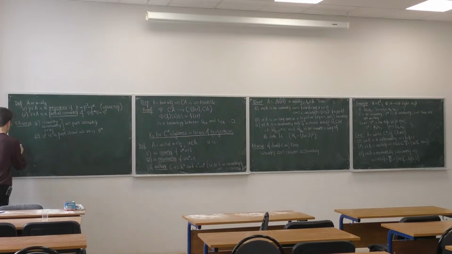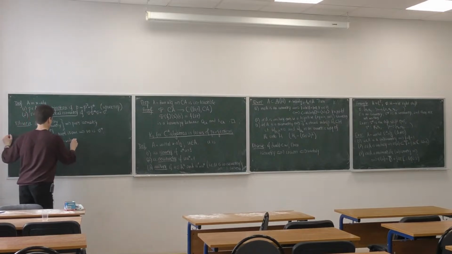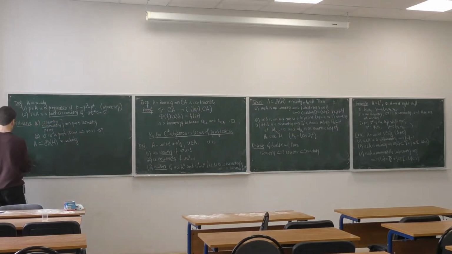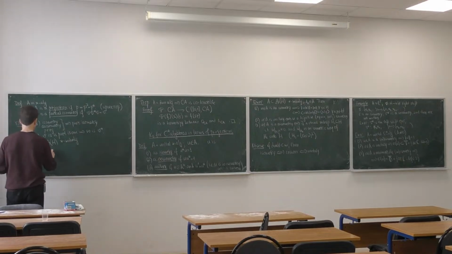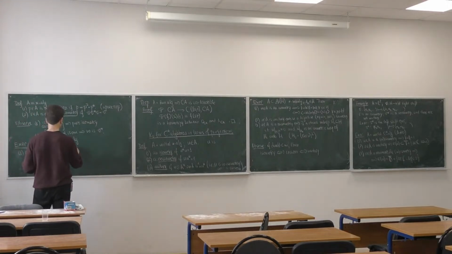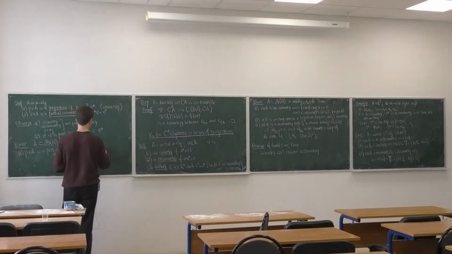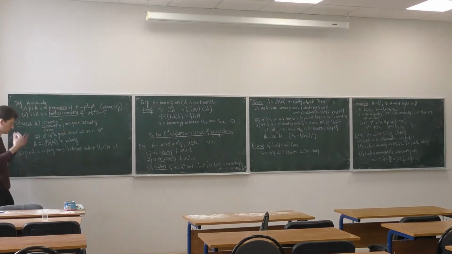The following exercise explains where the terminology comes from. Again, suppose that A is a star subalgebra in B of H, where H is a Hilbert space. Then I claim that an operator P in A is a projection if and only if there exists a closed vector subspace H0 in H such that P acts as the orthogonal projection onto H0.